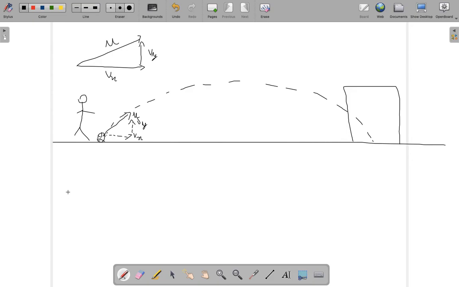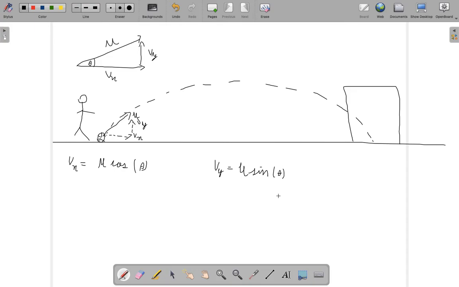Now let's come up with some values for these. Let's say he shoots it up at an angle of theta. The velocity in the x direction, Vx, will simply be u, our initial velocity, times the cosine of theta. Our velocity in the y component is just u sine of theta.